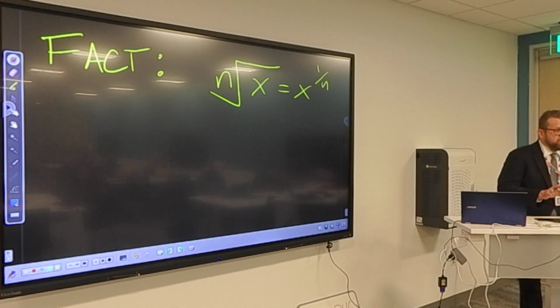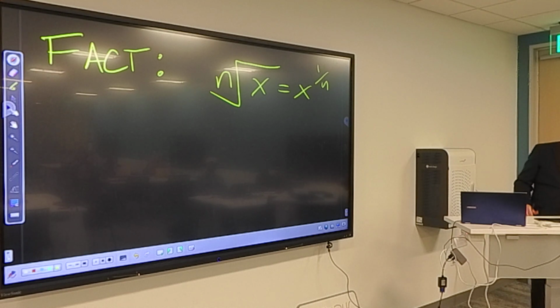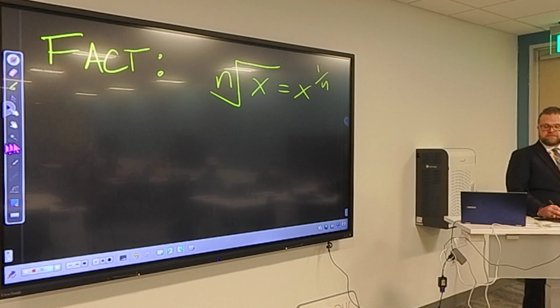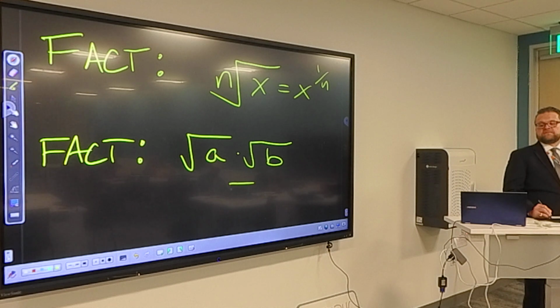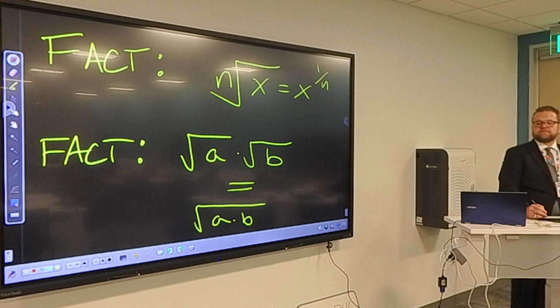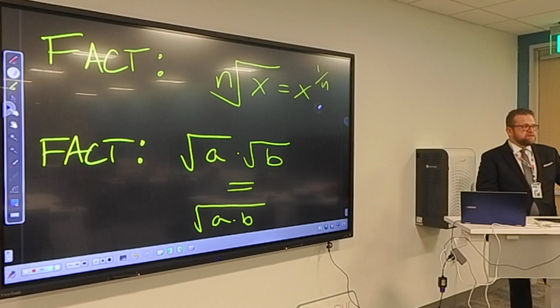And then you can use your exponent rules to do all your manipulations. We will also use this fact. It says the root of the products is the product of the roots.